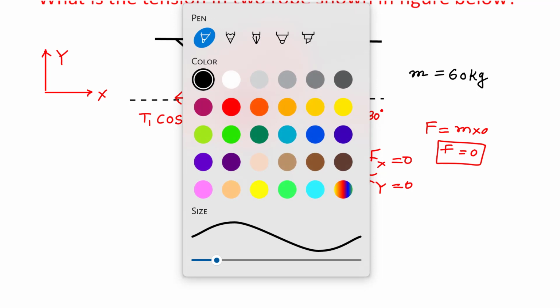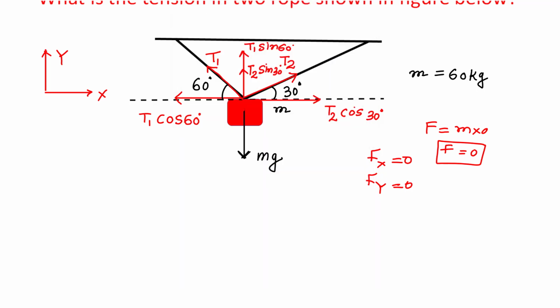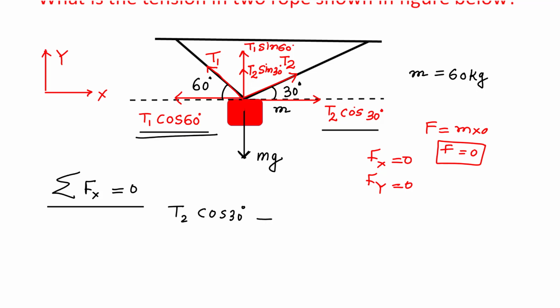If I consider the sum of the forces in the x direction equal to 0, one force is T2 cos 30, and in the opposite direction, minus T1 cos 60, equal to 0.